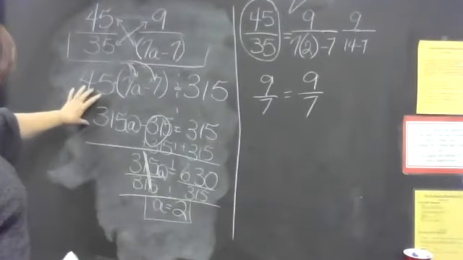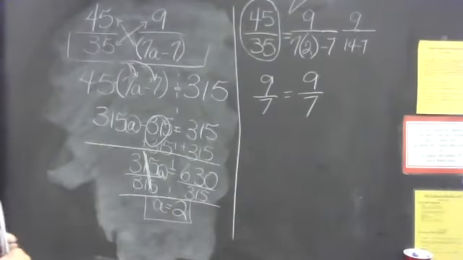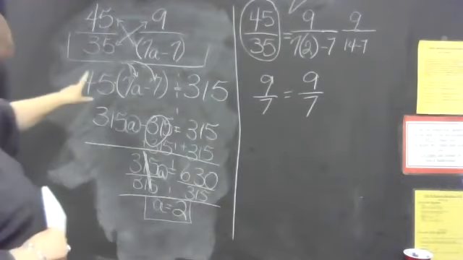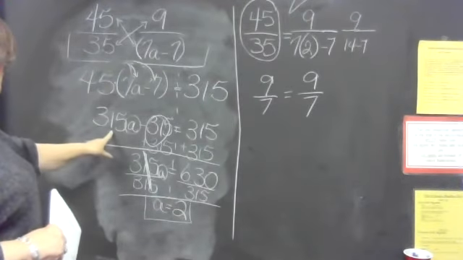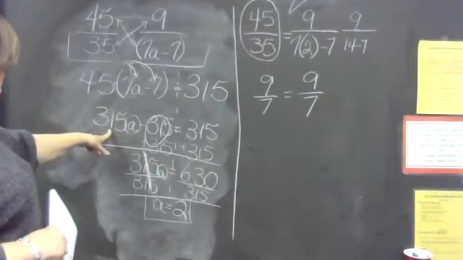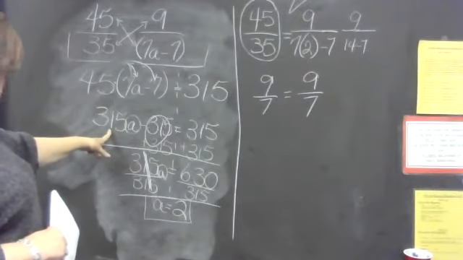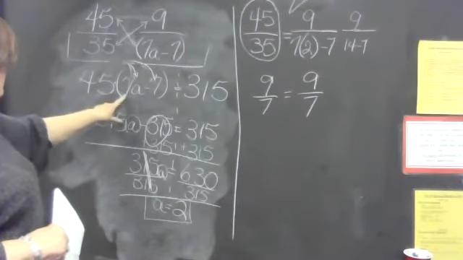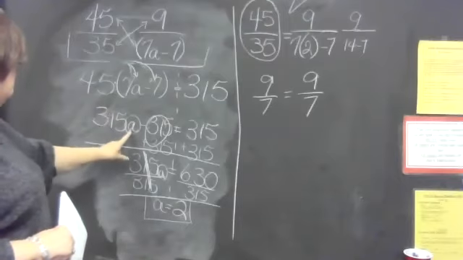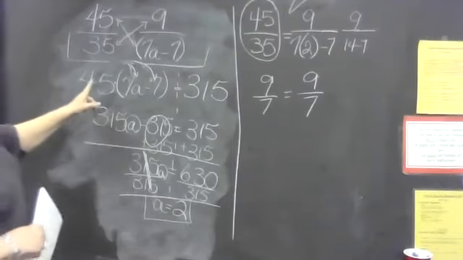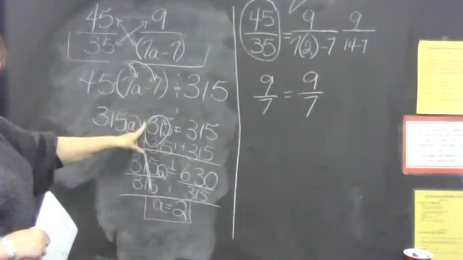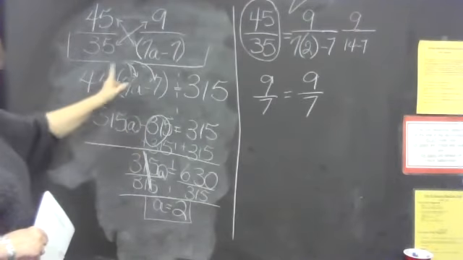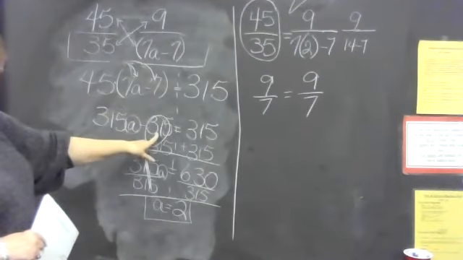Okay, so we multiplied 45 times 7, which is 315. Yes, ma'am. And that one has an A with it, so you have to put an A with the answer. And then 45 times 7 again is 315.